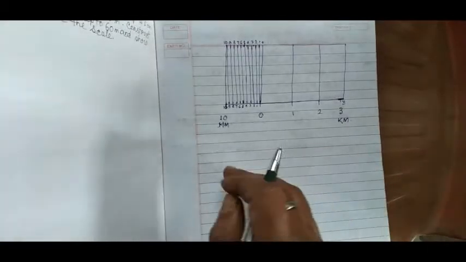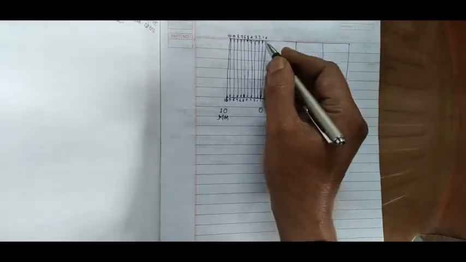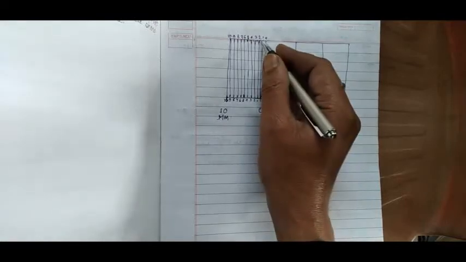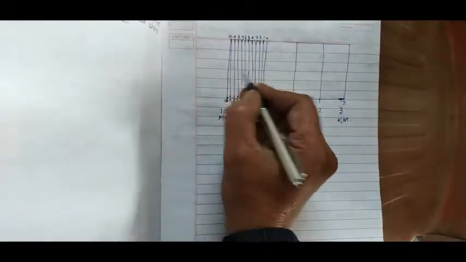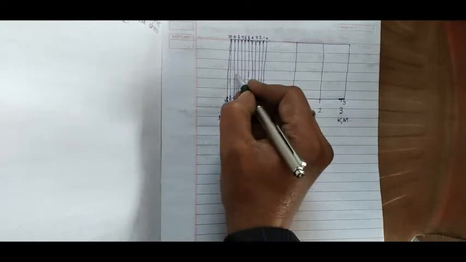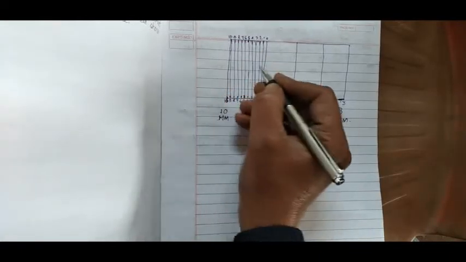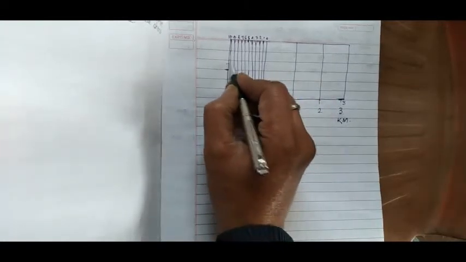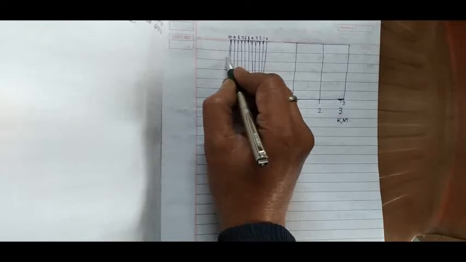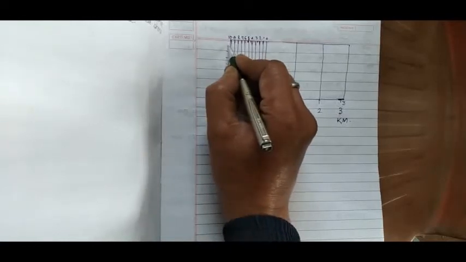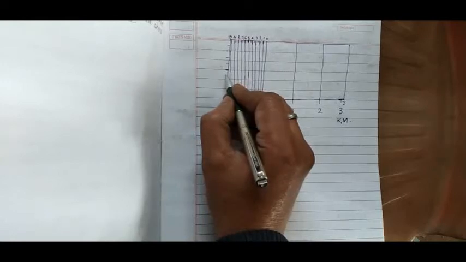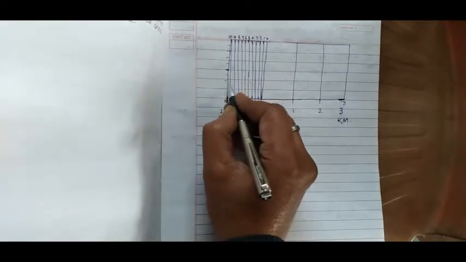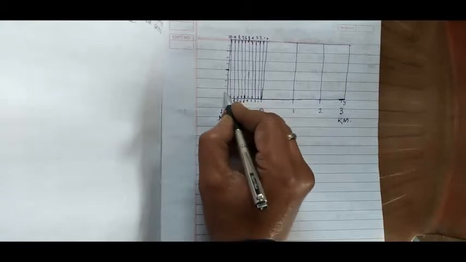Now we join from here 0 division to 1 division, 1 division to 2 division. We draw diagonals actually. Now divide this vertical line also into 10 equal divisions. So we divide this line also into 10 equal divisions. So 1, 2, 3 and 4. Similarly at the bottom 1, 2, 3 and 4.